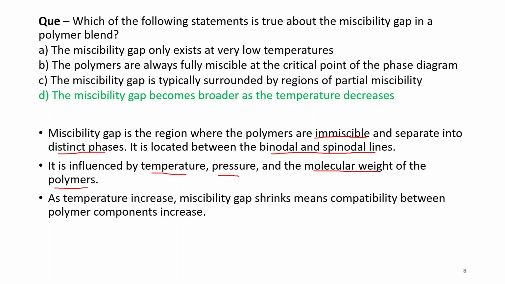As the temperature increases, the miscibility gap shrinks, meaning the compatibility between the polymeric components increases. So when the miscibility gap is lesser, the polymer compatibility will be higher, and that happens at the higher temperature, right? And the opposite of it is that the miscibility gap is broader at the lower temperatures, which is true, option D.